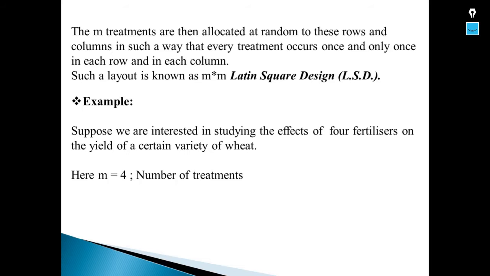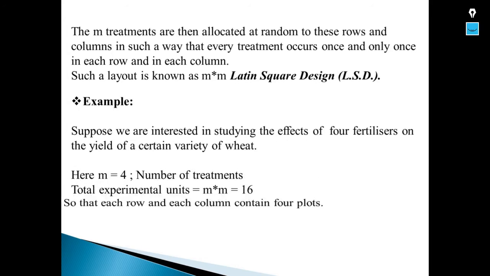So how many experimental units do we get in this experiment? m square, that is 4 into 4, 16. So here our whole experimental area is divided into 16 experimental units. When we divide our experimental area into 16 experimental units, we divide that area in such a way that in each row and in each column we get only 4 plots.